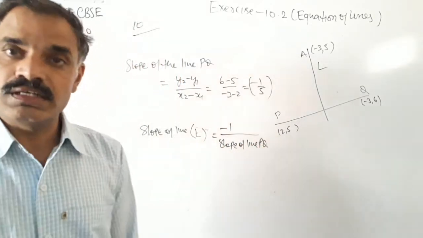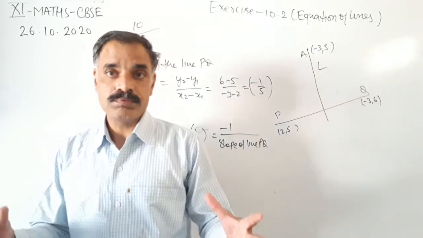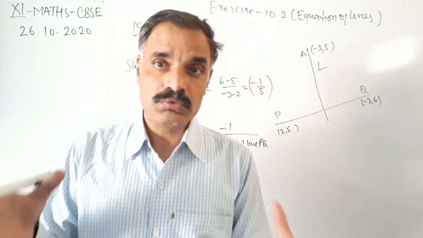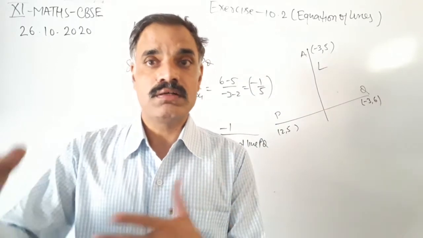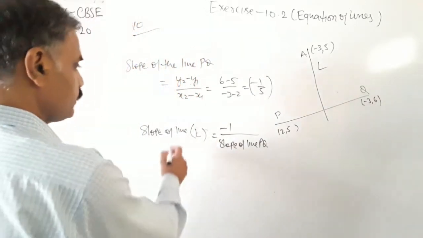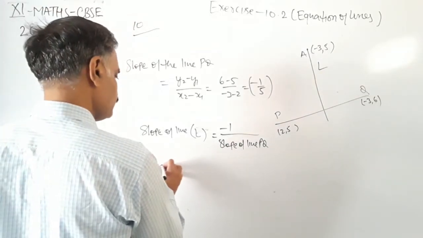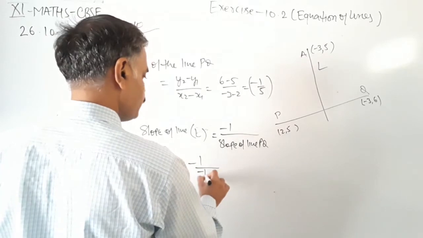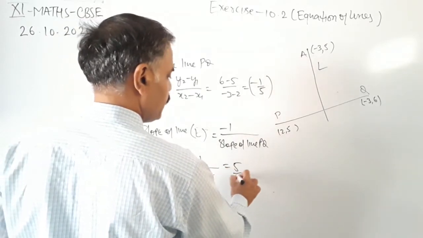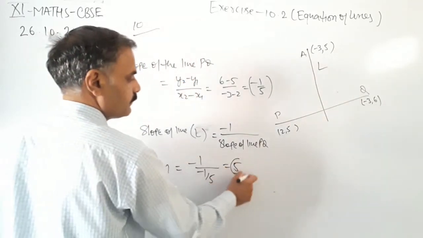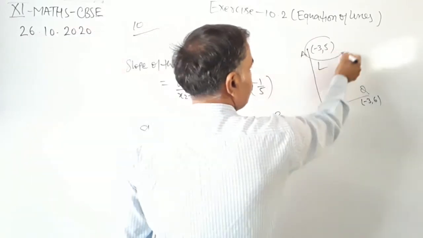We know this relation: the slope of any line perpendicular to another line is minus 1 upon the slope of the other line. So the slope of line L is minus 1 upon minus 1/5, which equals 5. This line has slope 5 and passes through the given point.